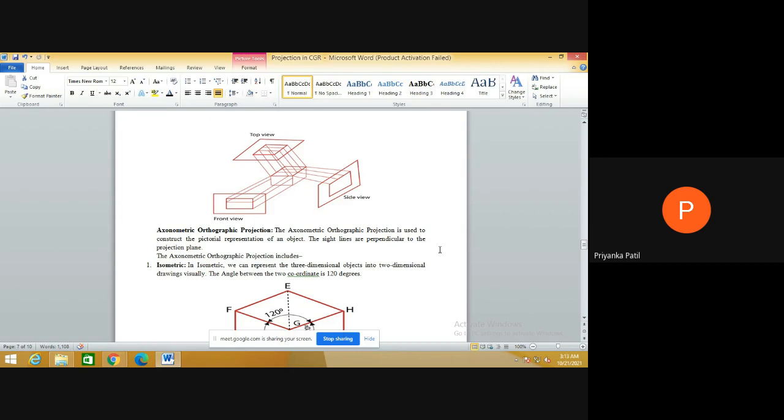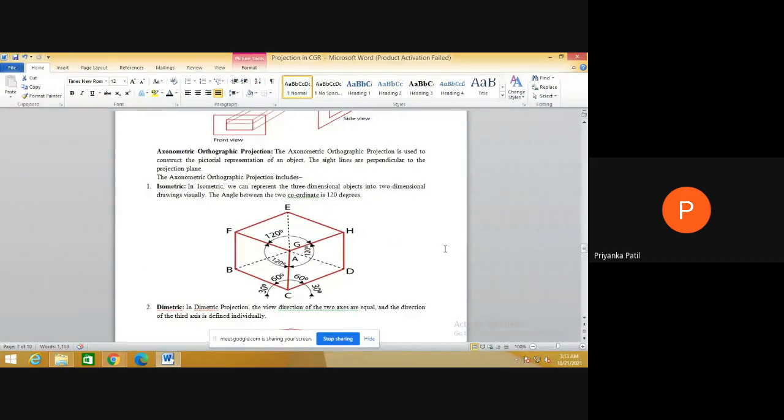So this is the basic layout of the isometric projection of an object. Here in the isometric projection, all three principal axes are considered equal.